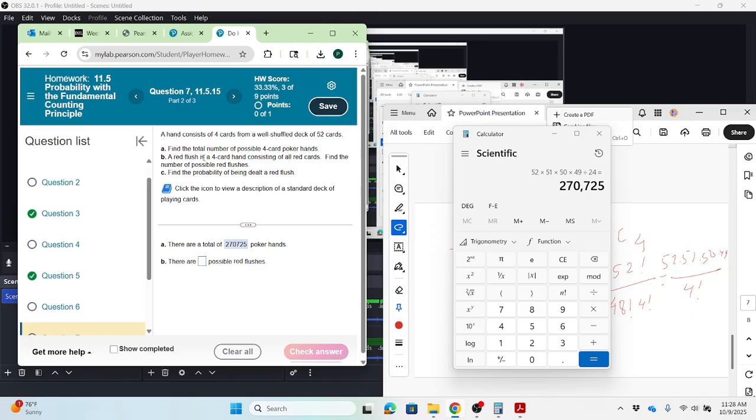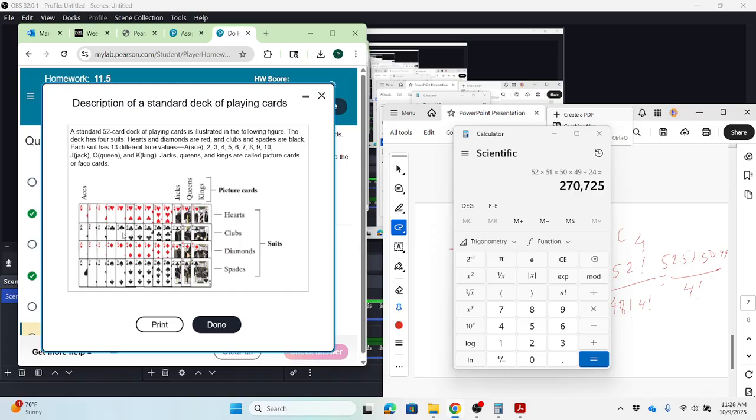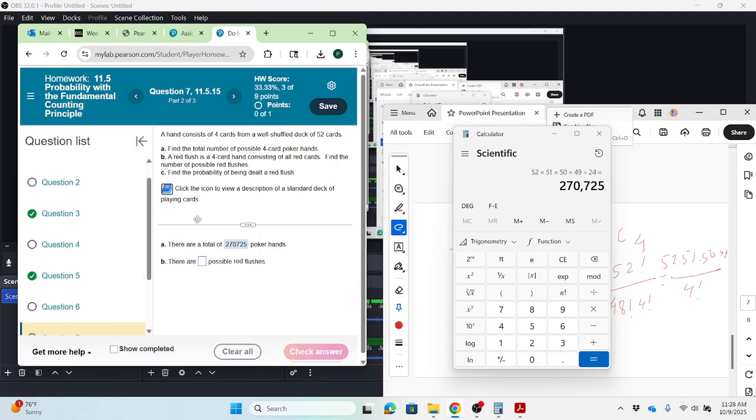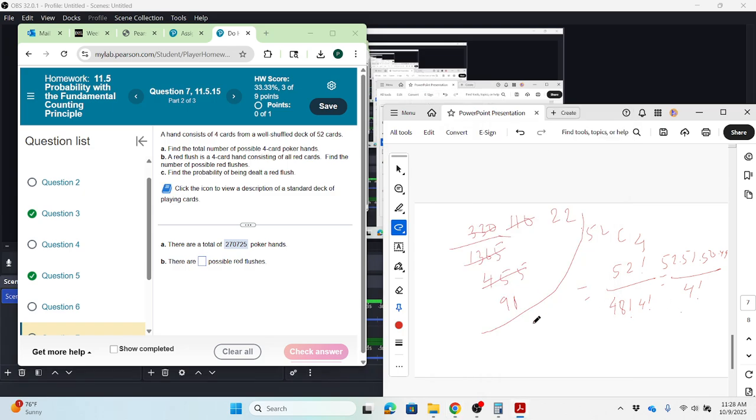A red flush is a 4-card hand consisting of all red cards. Find the number of possible red flushes. Since there are 26 red cards, the hearts and diamonds, a 4-card flush means how many ways you can choose 4 red cards from 26.